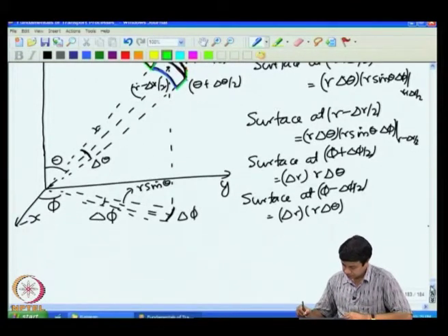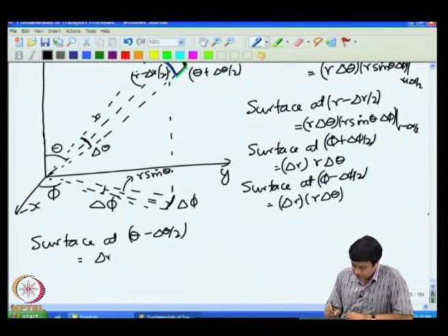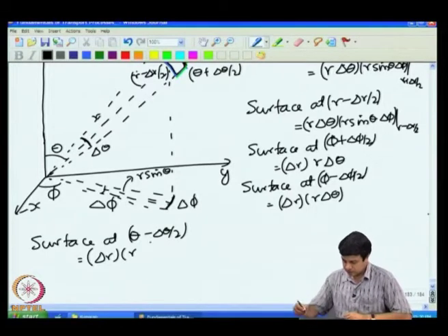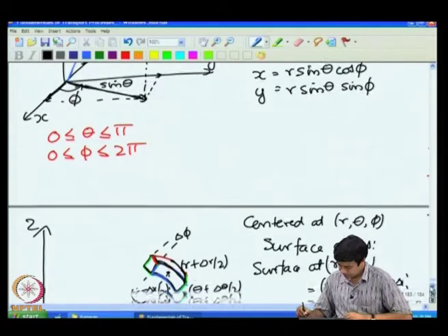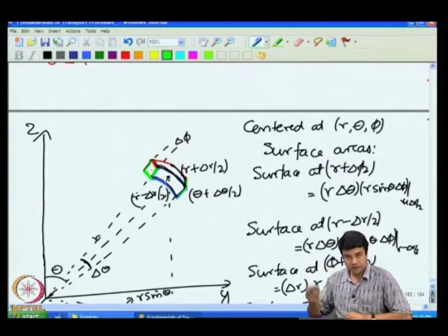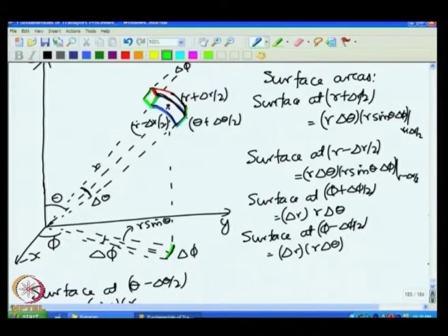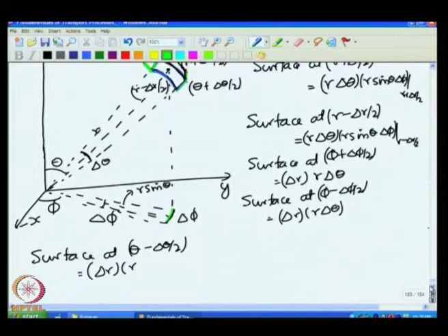Therefore, the surface area will be equal to delta r times this distance, which is travelled along the phi direction. I told you that this distance is r sin theta. Therefore, the distance that you travel along the phi direction is r sin theta times delta phi.